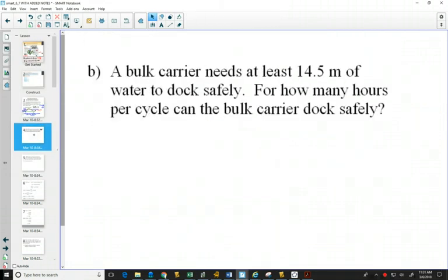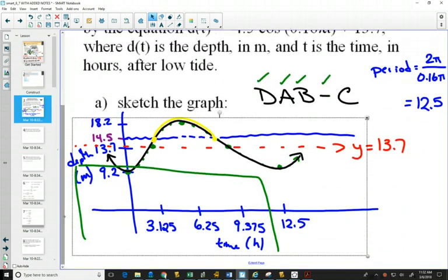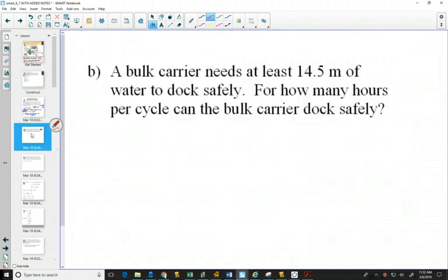So I'm going to show you that you can use your graphing calculator to find this out. Now, based on our graph, we would need to know at what time it's at this point on here, and at what time it's on this point there. And if we could find those two times, we could subtract them, and then we could solve for how long the bulk carrier could be safely there.